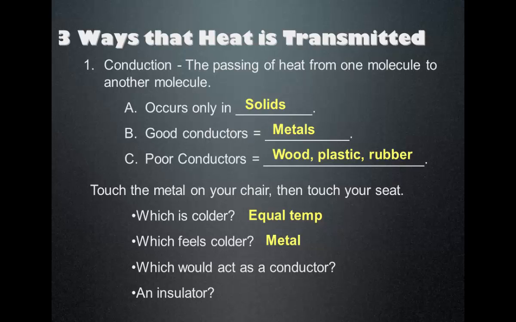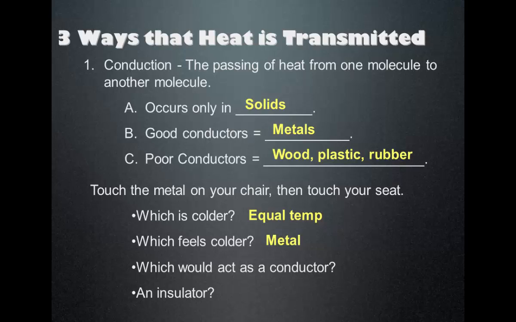And the reason that metal feels colder is because it's a good conductor of heat. So when you're touching the metal, what's happening? Jonathan? Your heat is transferring into it because you have more heat in your hand. Yeah, because your hand's much warmer.